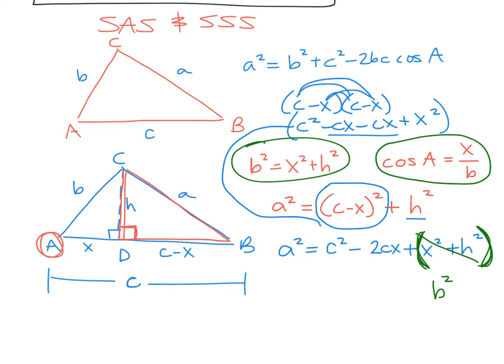How would I solve for x? Multiply by b. Okay? So b cosine a is equal to x. So I'm going to take out this x and put in b cosine a.